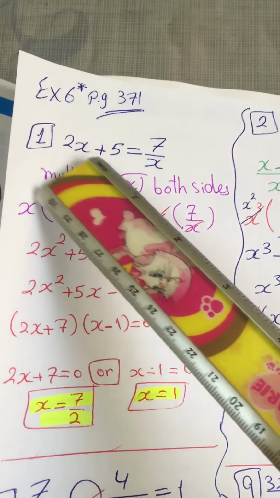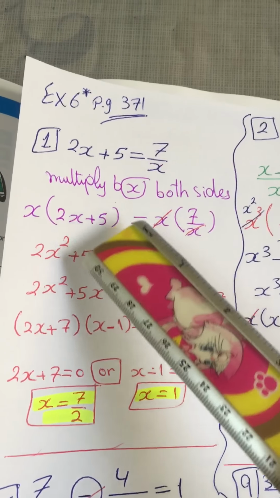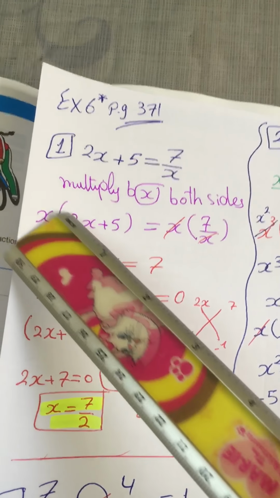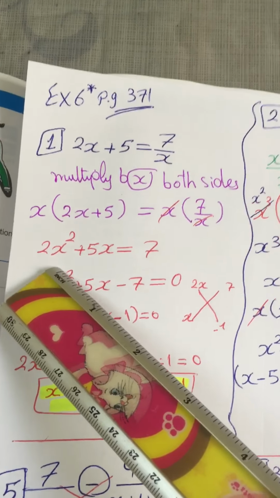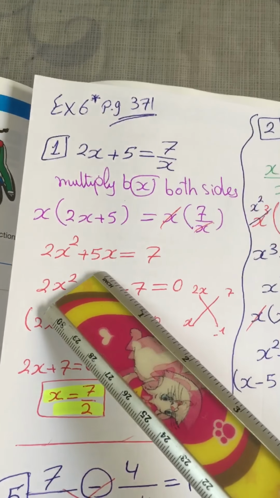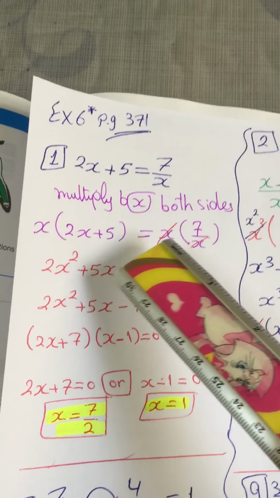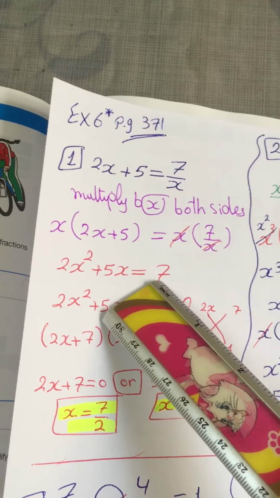So x multiplied by open brackets 2x plus 5 equals x multiplied by 7 over x. On the left side, I distribute the x. It will be x times 2x equals 2x squared, and x times 5 equals positive 5x. And on the opposite side, I'll cancel x with x, which gives me 1. So the answer is 7.